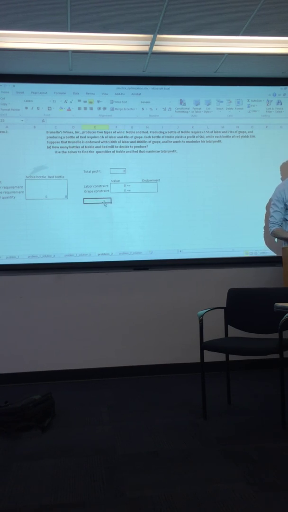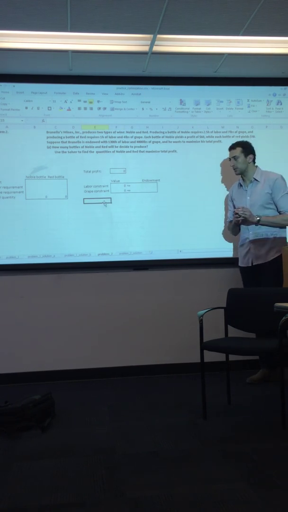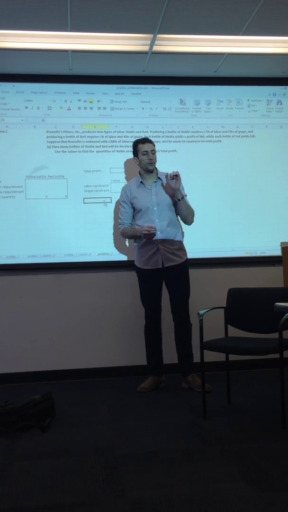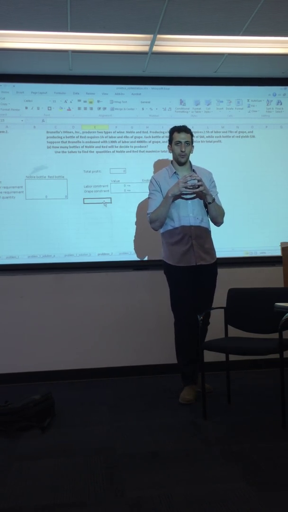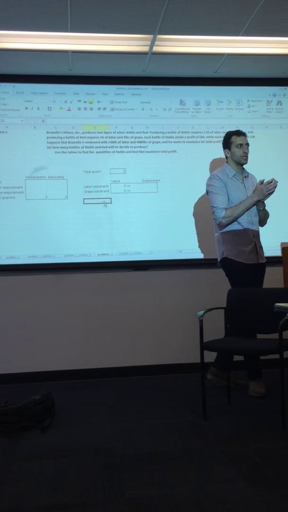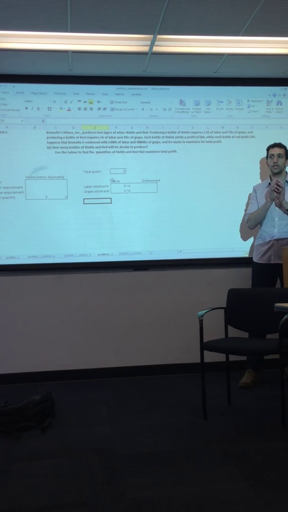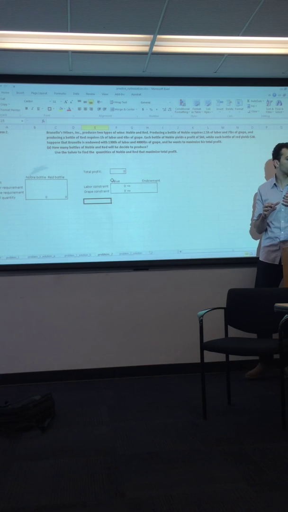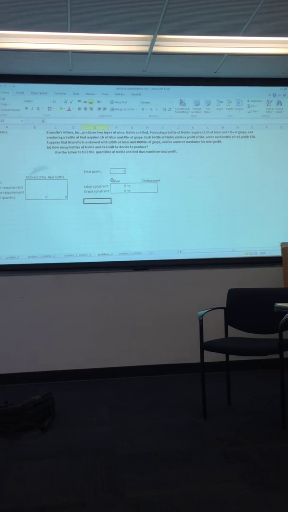Okay, in optimization questions, we have 3 steps. First, we're trying to figure out what are the variables. The variables are the things that we need to decide about. Anything that we know is not a variable. A variable is what I want to figure out. The second step will be to figure out the constraints.